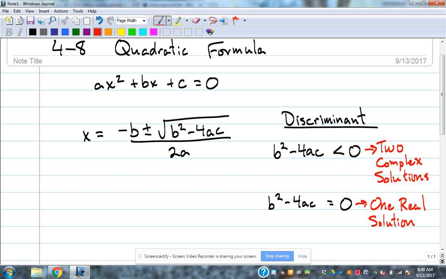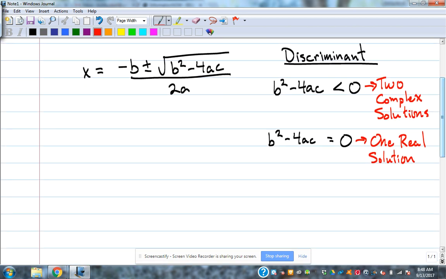And then in the formula, you'd be saying negative b plus or minus 0. And if you add 0 to something, what does it do? Nothing, right? Doesn't change it. If you subtract 0 from something, it doesn't change it. So you end up with just one answer there. Negative b divided by 2a is the only answer when the discriminant is equal to 0.